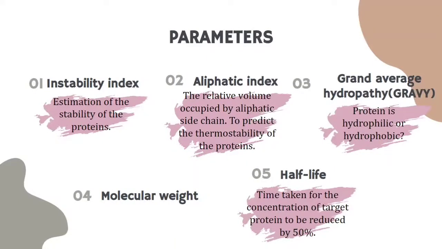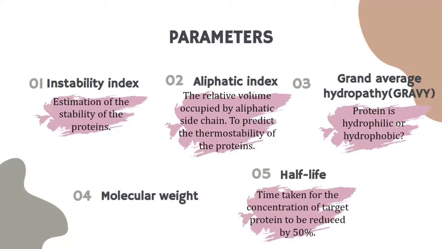It is an estimation of the stability of the protein. When the value of the instability index is less than 40, the protein is said to be stable. However, if the value of the instability index is more than 40, the protein is said to be unstable.